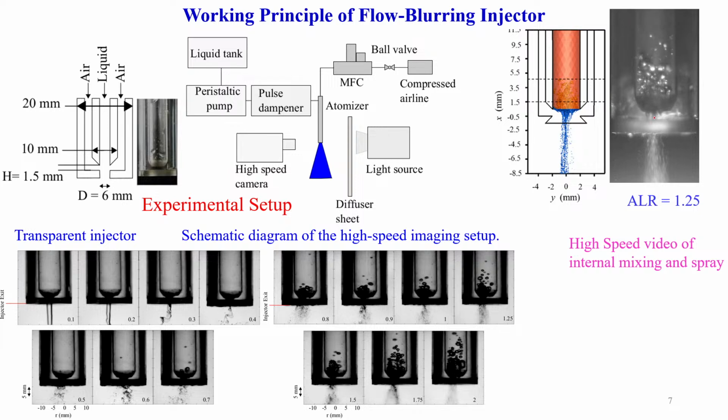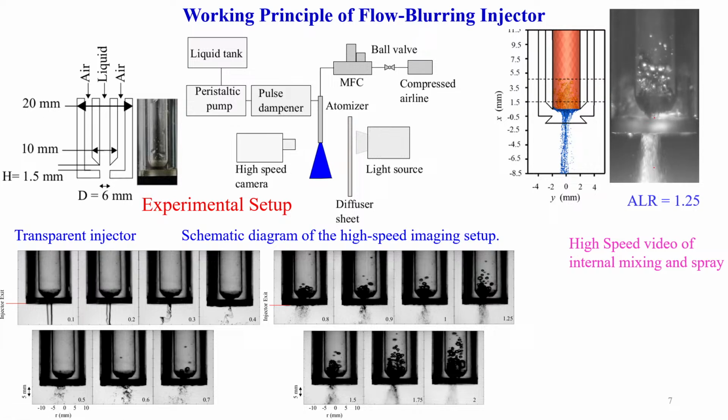So here we can see this video. You can see air and liquid mixing inside the injector. Keep on watching this video, I will explain further the experimental setup and geometrical configuration of the injector.